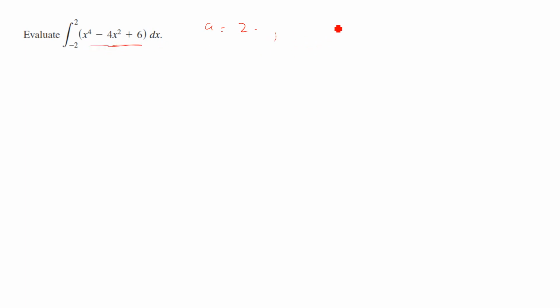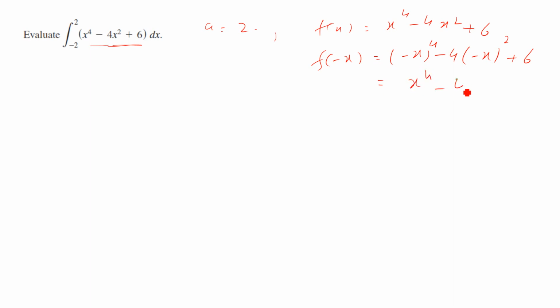How? Let's check. We have f(x) equal to x^4 minus 4x squared plus 6. So f(minus x): just replace x by minus x in the function. So we have x^4 minus 4 times minus x squared plus 6, which is equal to x^4 minus 4x squared plus 6, and this is equal to f(x).